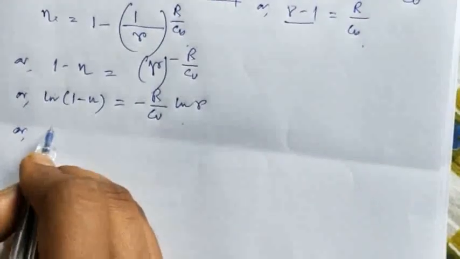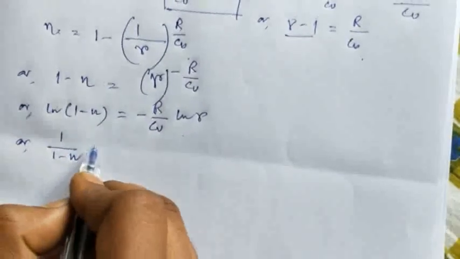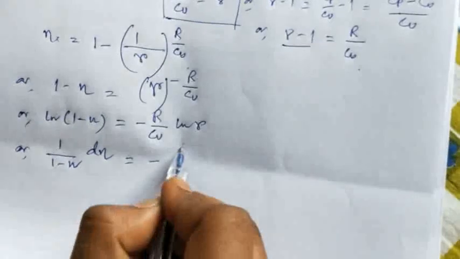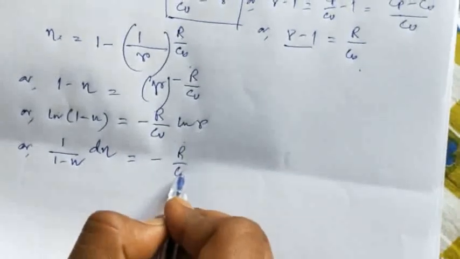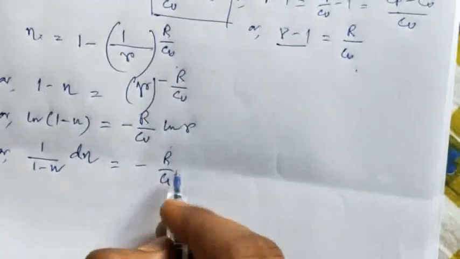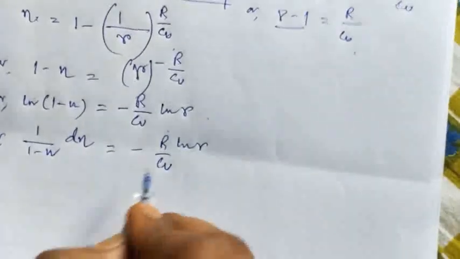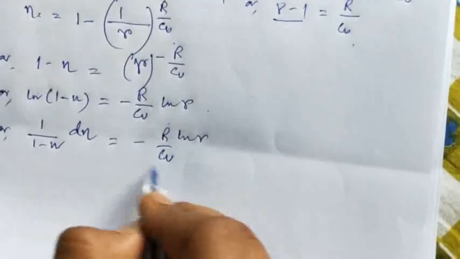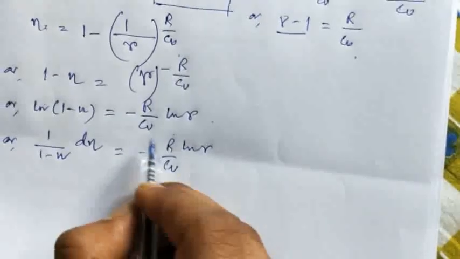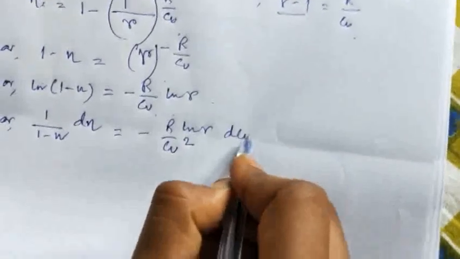So the derivative of ln of 1 minus efficiency will be 1 by 1 minus efficiency into d of efficiency, which will be equal to minus R ln r, this part being constant, and the derivative of 1 by Cv is 1 by Cv square, d of Cv.